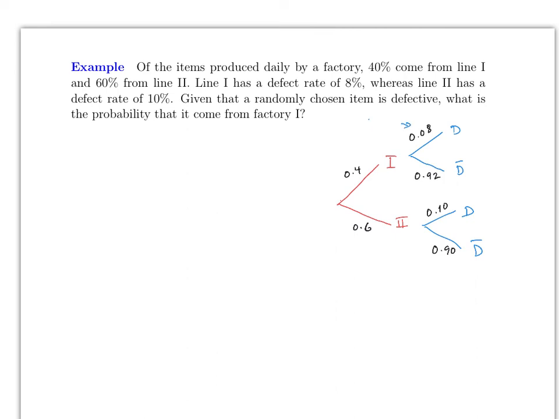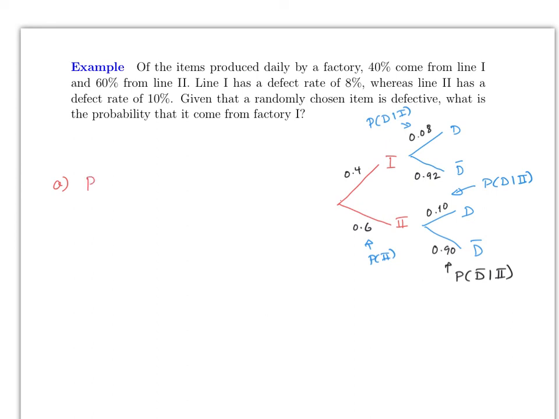Remember, this means the probability that the item will be defective given that it came from factory 1, while this means the probability that it will be defective given that it came from factory 2. And this is the probability that it came from factory 2 and so forth. Okay, so it's a very good idea to label this. So this will be the probability that it is not defective if it came from factory 2.